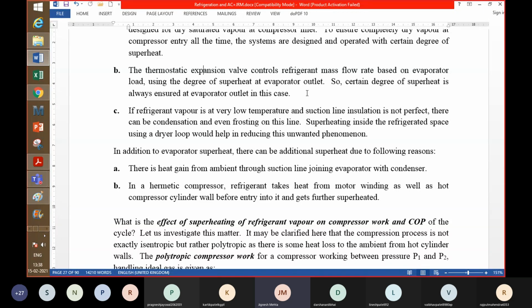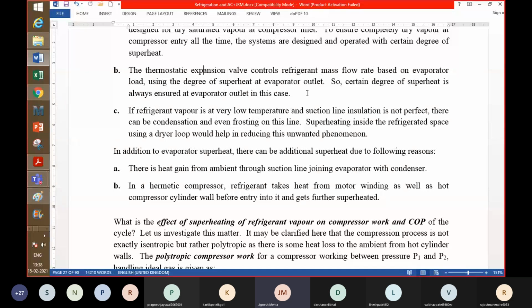There is going to be a finite distance between the evaporator and compressor. If you think of the split AC, the evaporator or the cooling coil is inside and the compressor is outside the room. So there is some distance between those two.